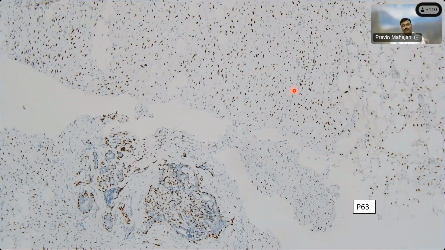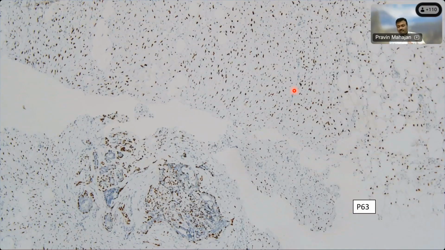So you have to prove it by doing something else. So in this case, P63 is a very good marker. Once it comes positive, you are very sure that this is a metaplastic carcinoma and not something otherwise. You would think of a reactive condition, like post FNAC pseudosarcomatous proliferation, or some fat necrosis related myofibroblast proliferation, a completely reactive condition.